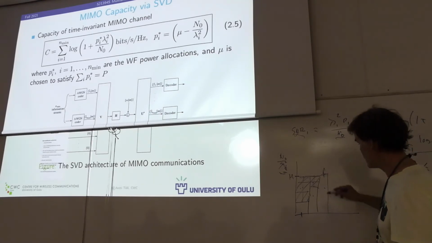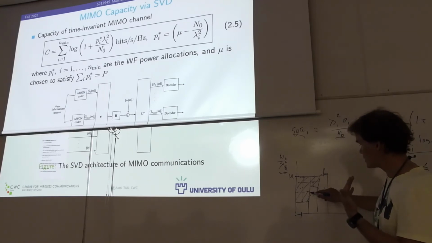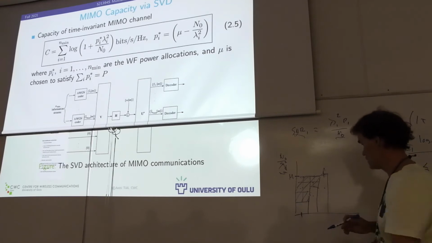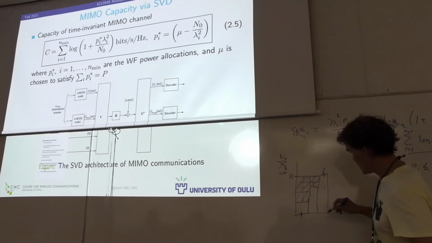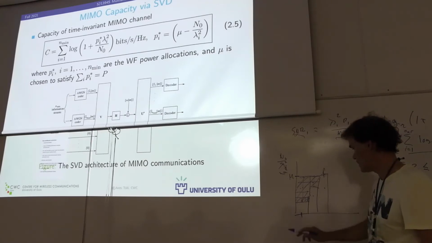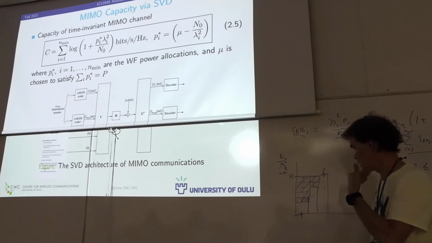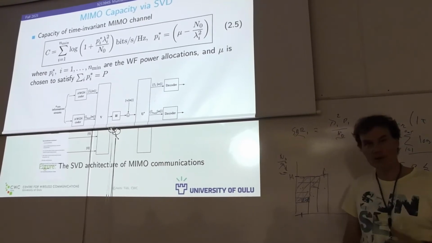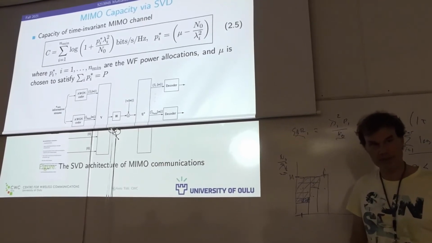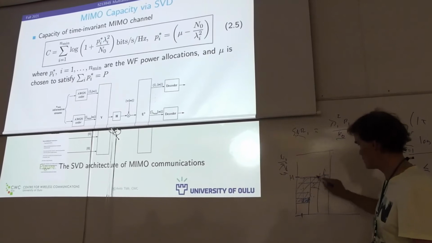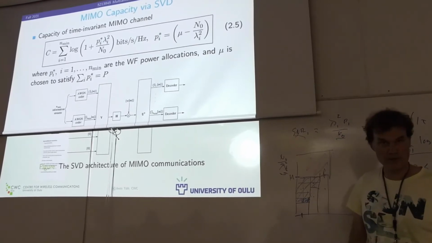So if you have little power available, or if the received signal strength is low, in the low SNR limit the optimal strategy is to allocate power only to the strongest. When the SNR is large and your power budget is larger, then you allocate power to all streams.